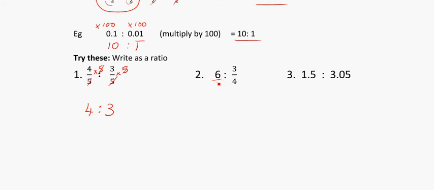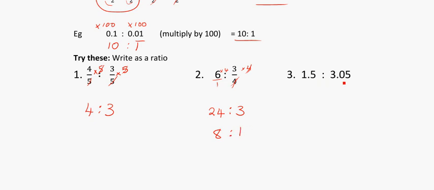Okay, 6 is like 6 over 1. And so if I multiply both sides by 4, you'll get rid of that 4 on the bottom. 6 4s are 24. 3 4s are, oh no, that cancels, so you're left with 3. And simplify, 3 goes into 24 8 times, so it's 8 to 1.